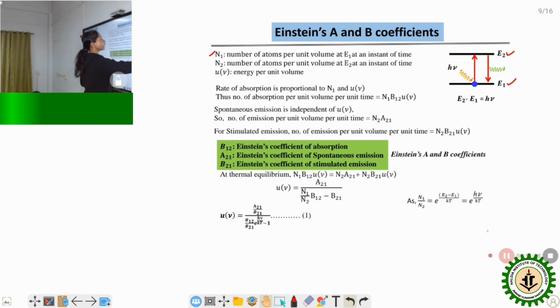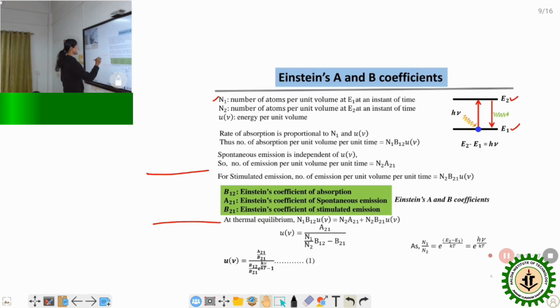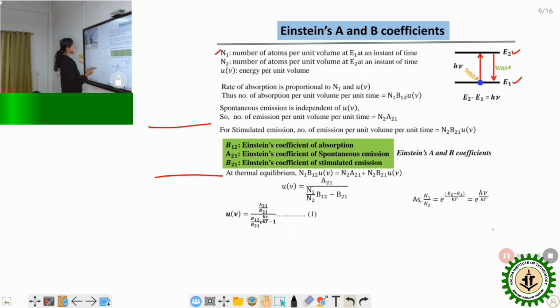Here the number of atoms, if I draw it here, the number of atoms per unit volume is N1 and the number of atoms at the excited state per unit volume is N2.